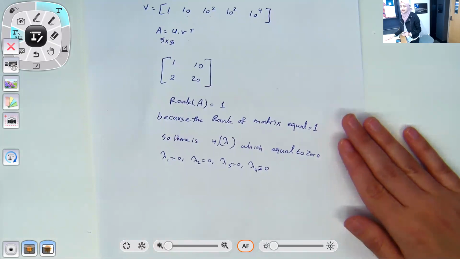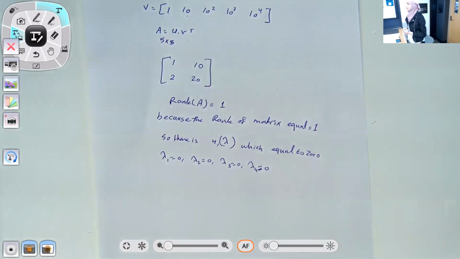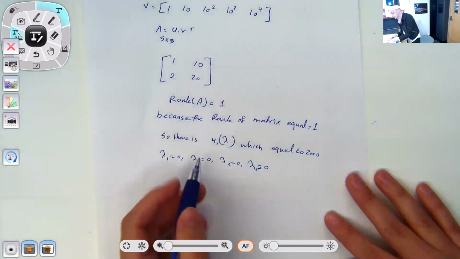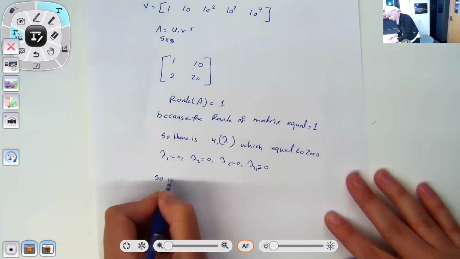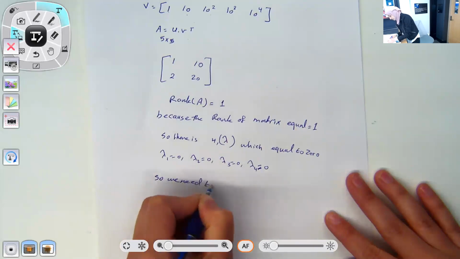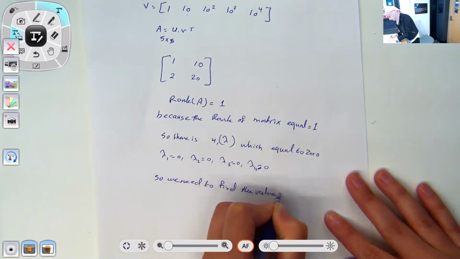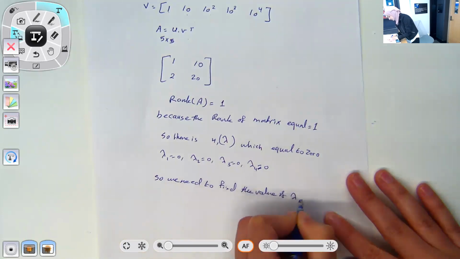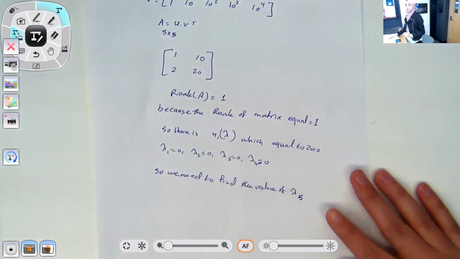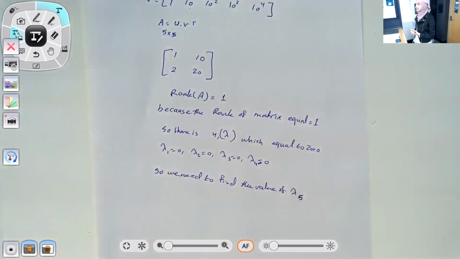So we just need to find the last value. We need to find the value of lambda 5. Okay? So we need to find the trace of this matrix.